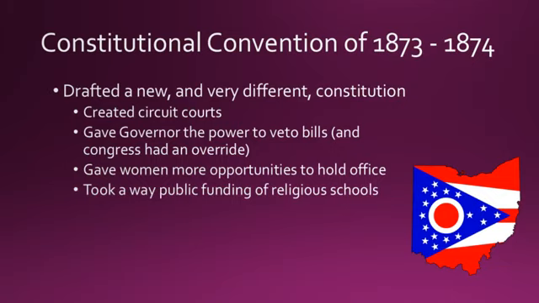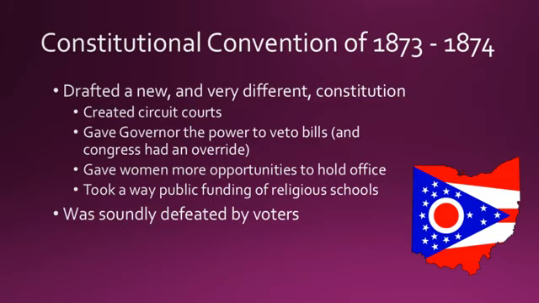It took away public funding of religious schools because up until this point, there were a lot of schools that were like Catholic schools, but they still got all their funding from the government as opposed to getting it from the church. It also was soundly defeated by the voters.